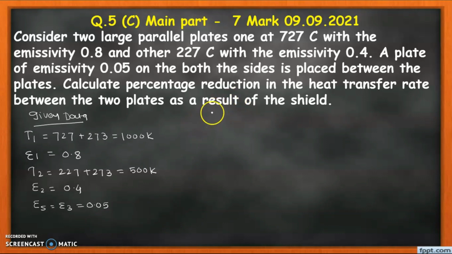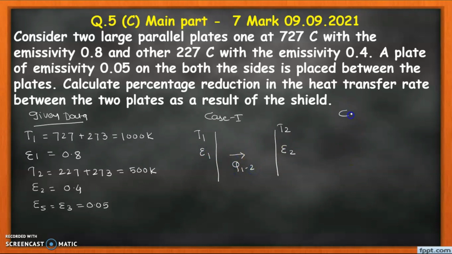So students, here we have to analyze two cases. Case 1: there is one plate and another plate. This is plate 1 having a temperature of T1, this is T2, the emissivities are E1 and E2, and we need to calculate the heat exchange from 1 to 2.